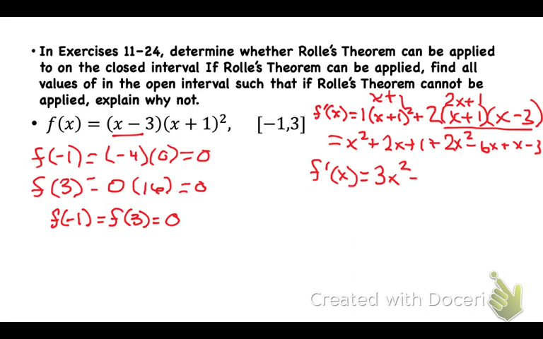2x minus 6x. Oh, guys, 2x times x plus 1 is 2x plus 2. I was so confused on why you did that. I was like, where did that one come from? So that makes this a 2 here, doesn't it? Right there. Okay, so then that's going to be negative 2x.